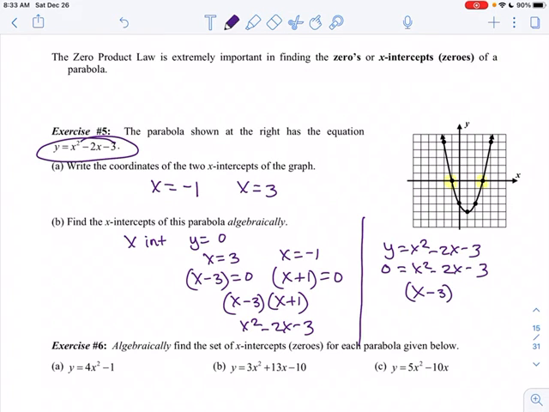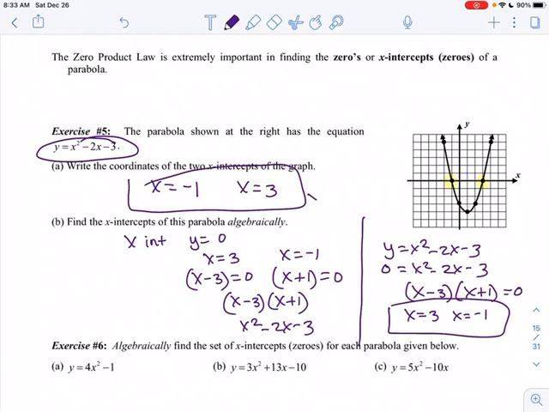So my factors are x minus 3 and x plus 1, and I set each one equal to 0. So I get x equals 3, x equals -1, which is the same thing I had back here. But I just want to show you how I could take these and set them equal to 0 and work backwards and multiply them, and I get that same answer that I started with over there.